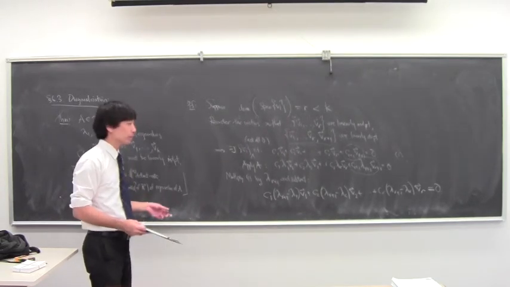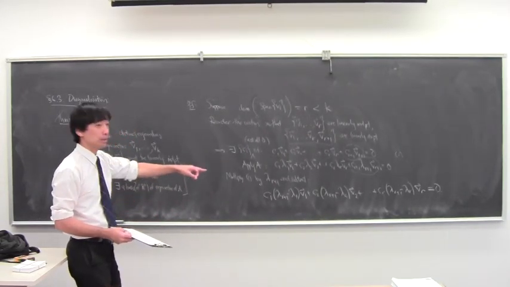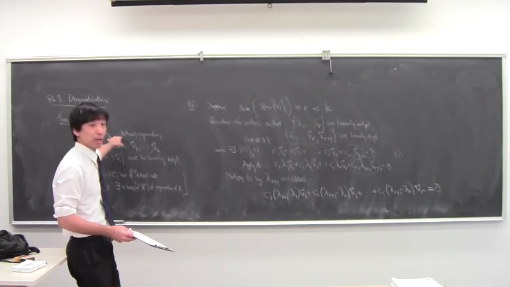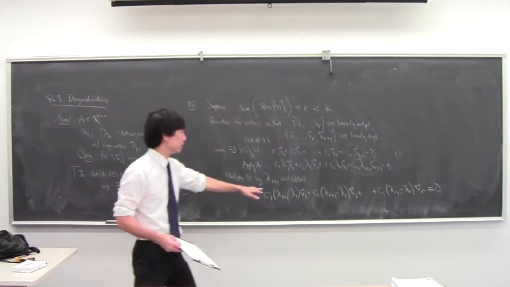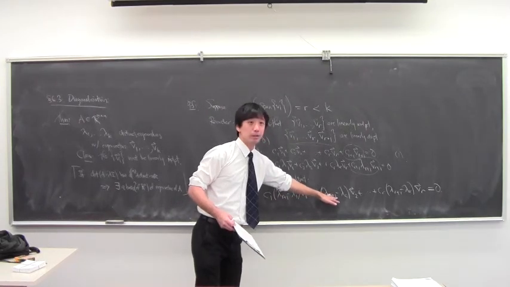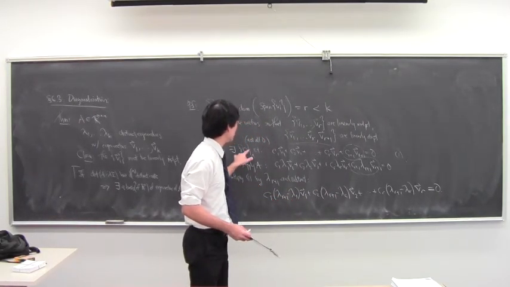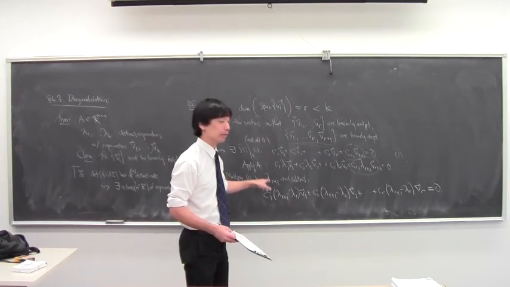So you see what happens. The lambda i are not equal to each other. Remember that the lambda i are distinct, so all these differences are non-zero, and the ci are not all 0 too.